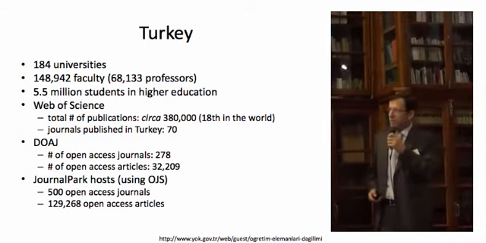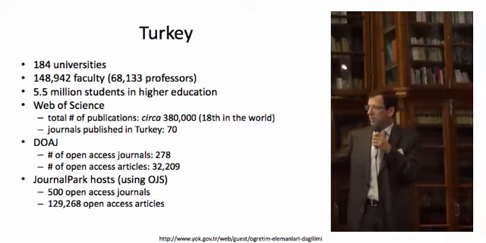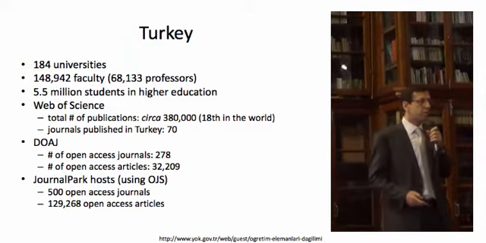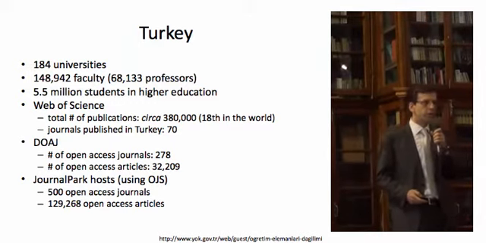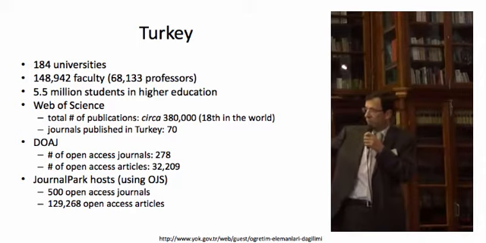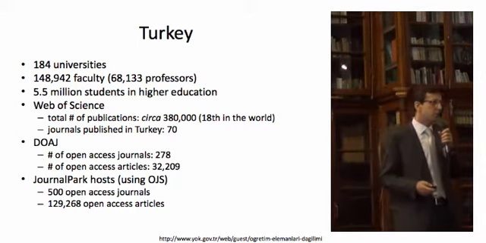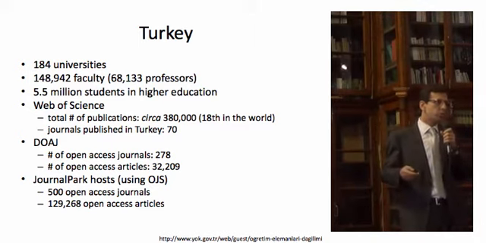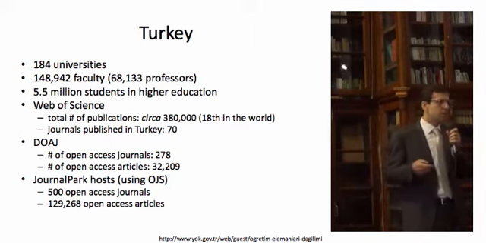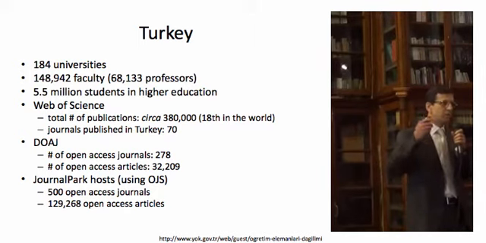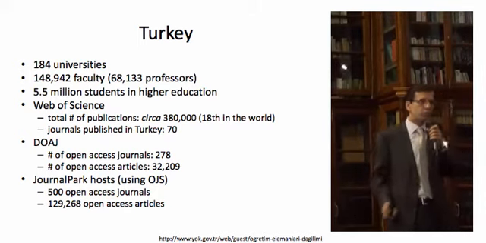I'll just point out, because it was discussed yesterday, we have about 278 journals listed in the DOAJ, but an additional 550 are hosted centrally in Turkey. Even though they use Open Journal Systems, not all of them, unfortunately, are listed in DOAJ. If they were listed in DOAJ, I'm sure Turkey would be much higher in terms of the number of journals.